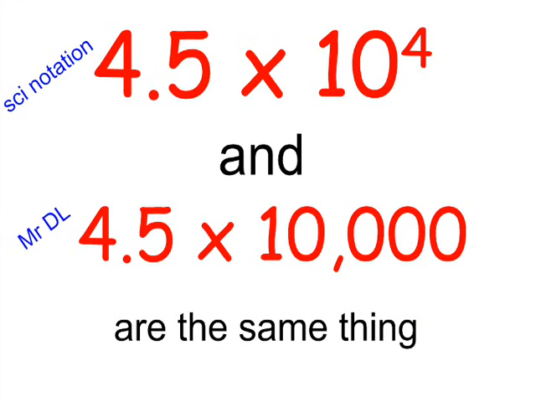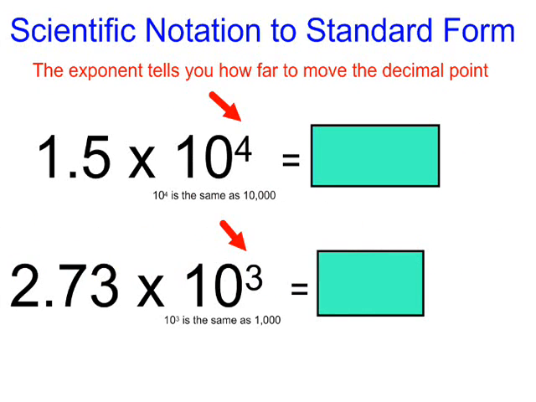Well, scientific notation, 4.5 times 10 to the fourth power is exactly the same as 4.5 times 10,000, because 10 to the fourth power is a 1 with 4 zeros. These are exactly the same thing. So when you're doing scientific notation, if you wanted to write this in standard form, the exponent tells you how many spots to move the decimal point.